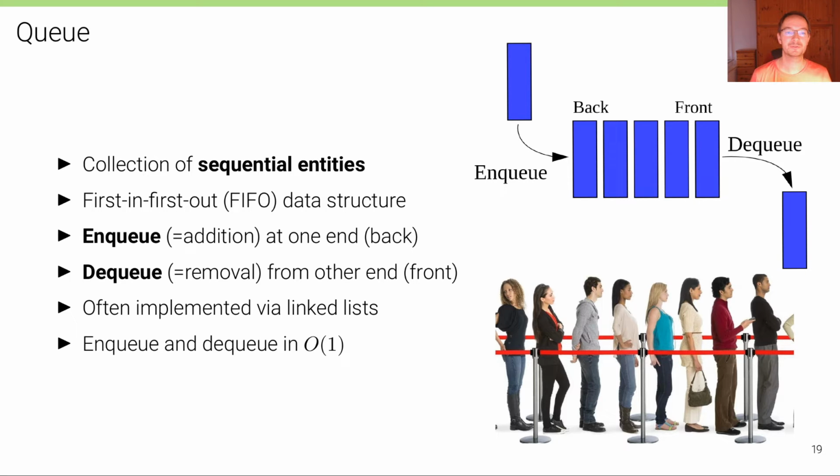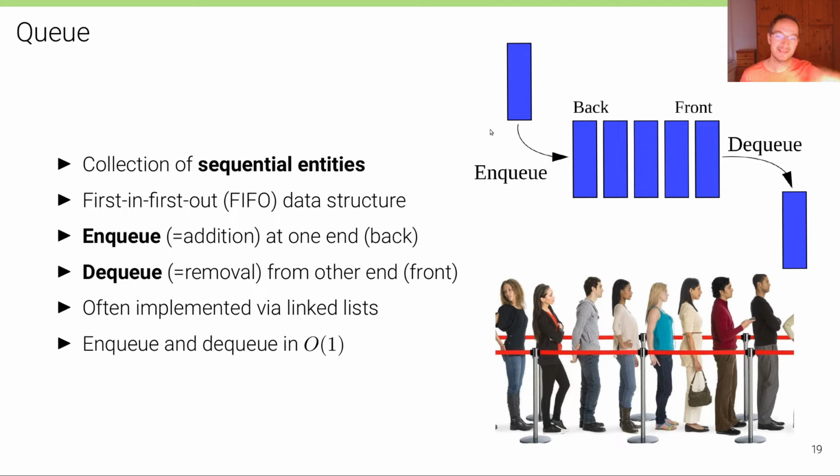Well, let's first introduce a data structure that we need for breadth-first search, which is the so-called queue. And you probably all heard about queues before. You have been in queues many times. And we're considering the so-called FIFO queue, the first in, first out data structure, which is collecting sequential entities where we have an NQ and a DQ operation.